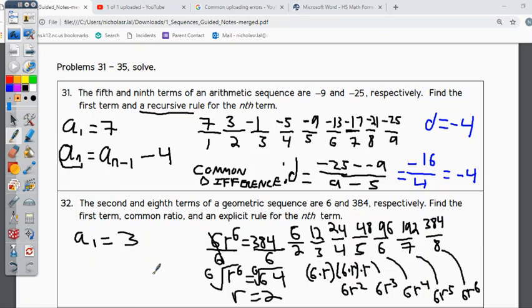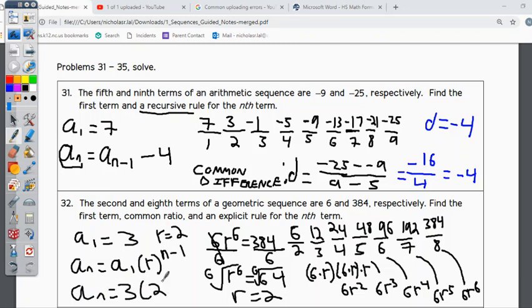All right? And if a1 is equal to 3 and r is equal to 2, in any geometric sequence, a_n, any term in the sequence, is equal to the first term, a1, times r to the n minus 1 power, which means that a_n is equal to 3 times 2 to the n minus 1 power.